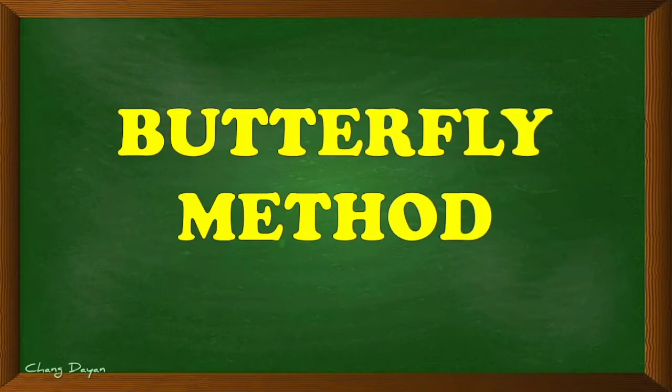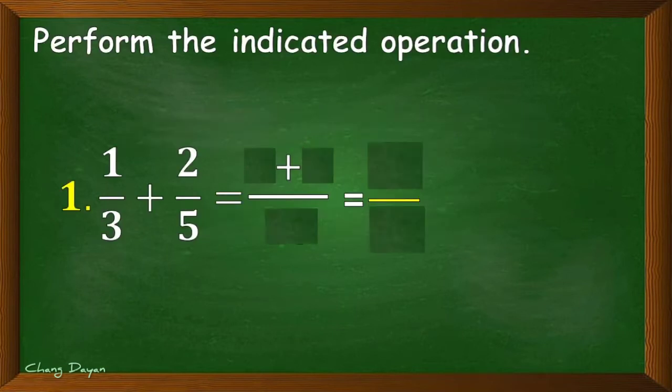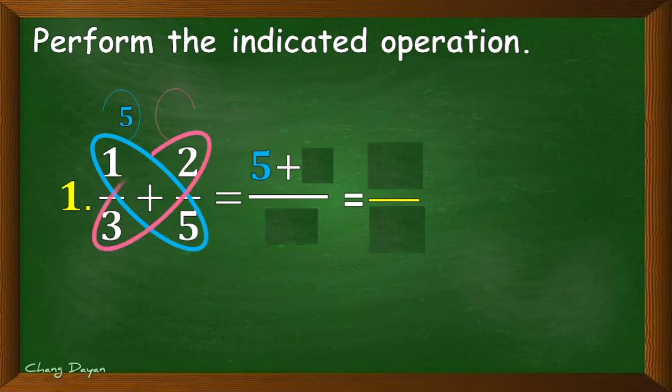At gagamit tayo ng butterfly method sa pag-add at pag-subtract ng dissimilar fractions. Halimbawa, number 1, multiply natin ang 1 times 5. And that is 5. Then, 2 times 3, you have 6.